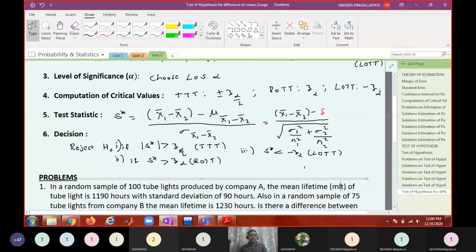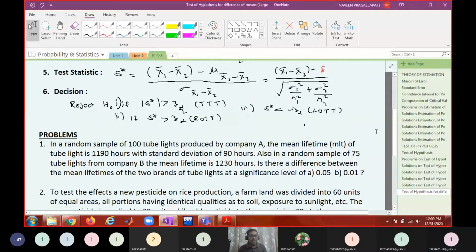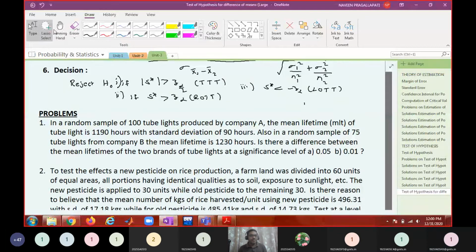Shall we do the problems now? Yes, sir. Right. Now you just read the first problem. In a random sample of 100 tube lights produced by company A, the mean lifetime of tube lights is 1190 hours with standard deviation of 90 hours.